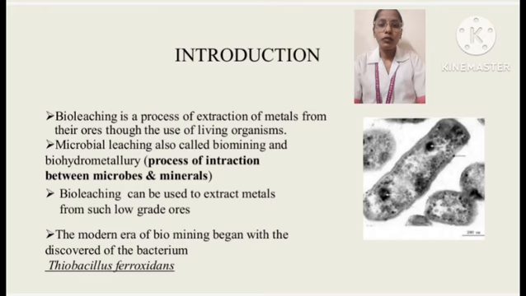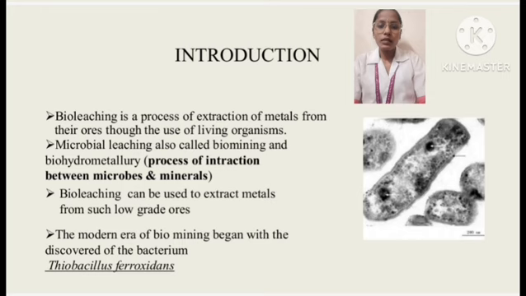The modern era of biomining began after the discovery of the bacterium Thiobacillus ferrooxidans, which is also known as Acidithiobacillus ferrooxidans. This bacterium plays a key role in bioleaching because it can oxidize iron and sulfur components.